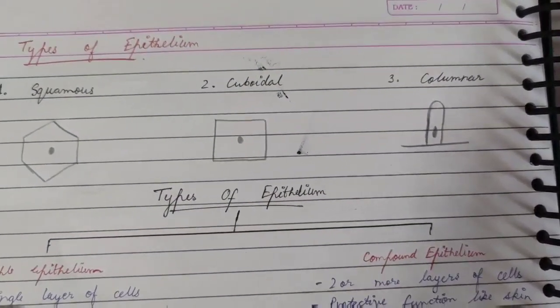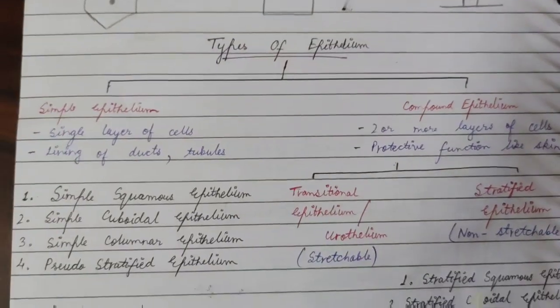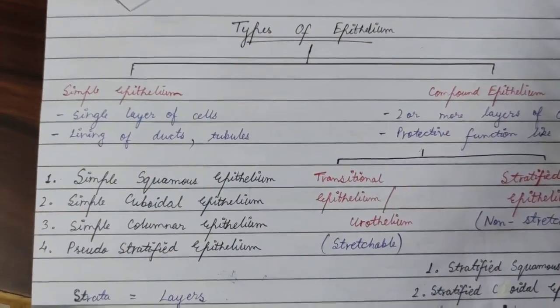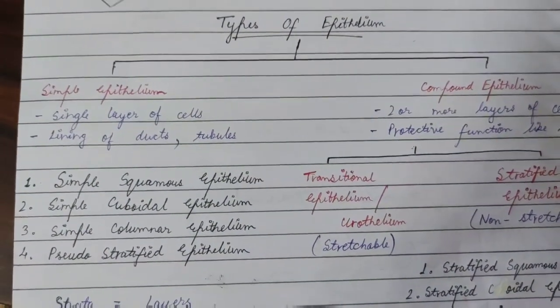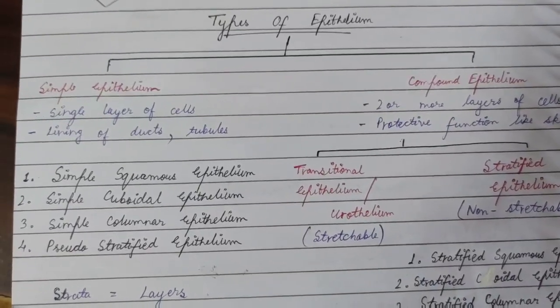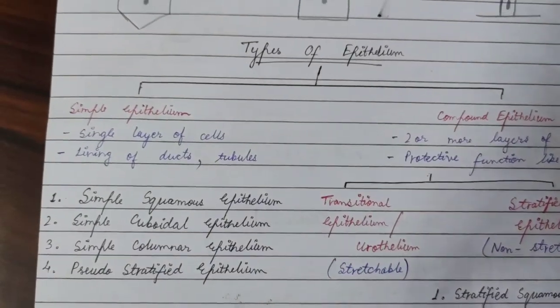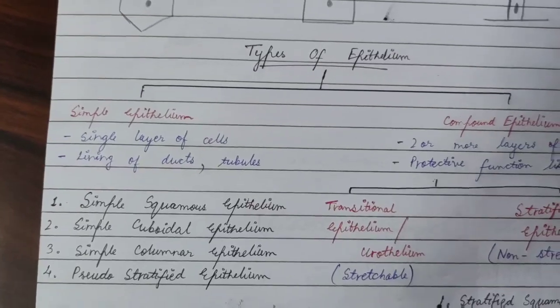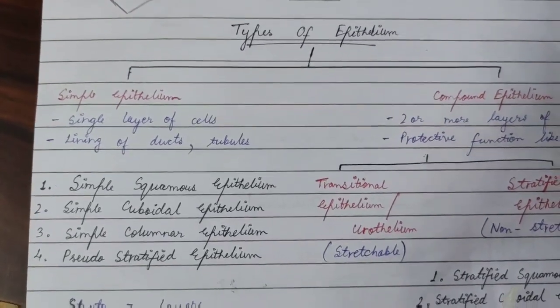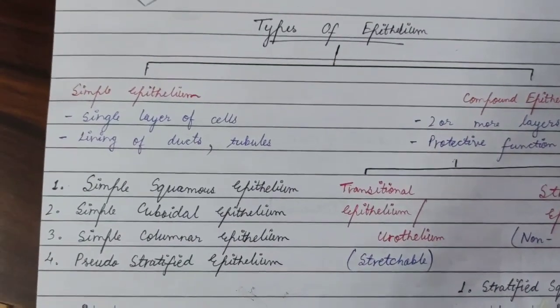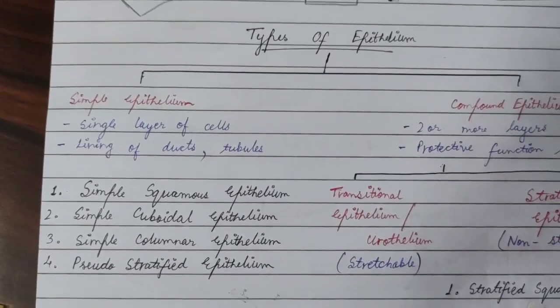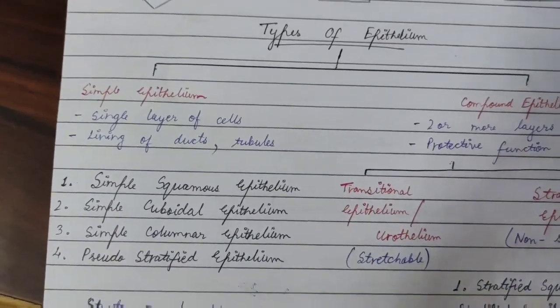Third is simple columnar epithelium. It is so easy to name them. Fourth is pseudostratified epithelium. Pseudo means false, so it is directly saying that it is not truly stratified. Pseudostratified epithelium also has a single layer.